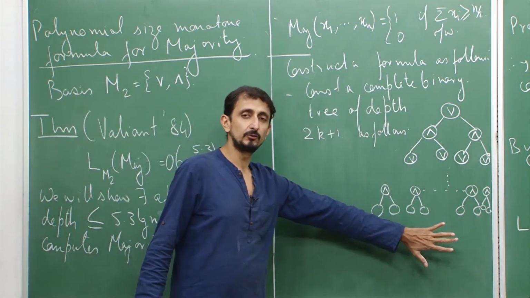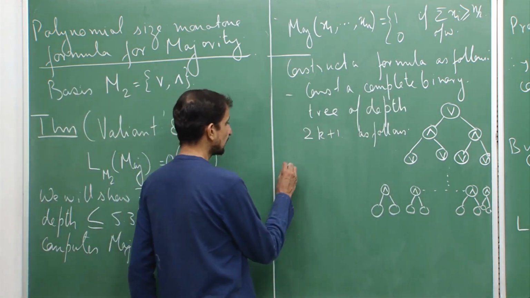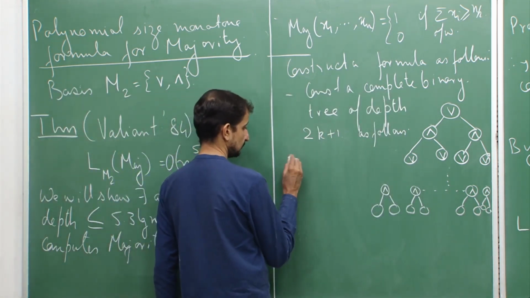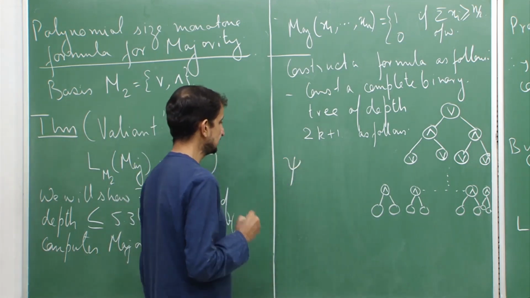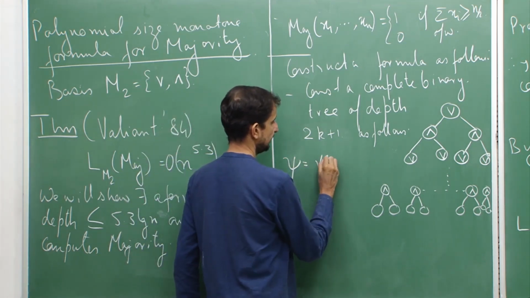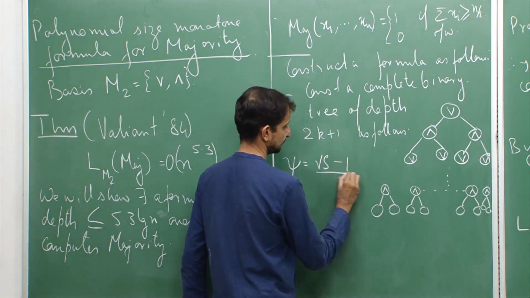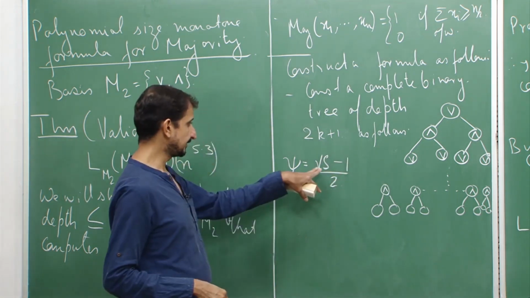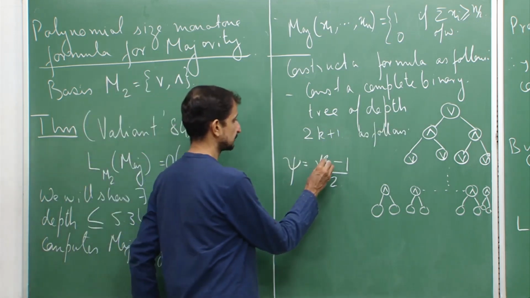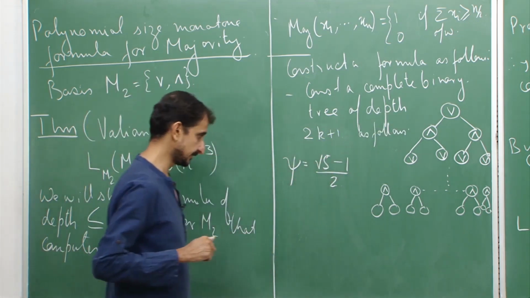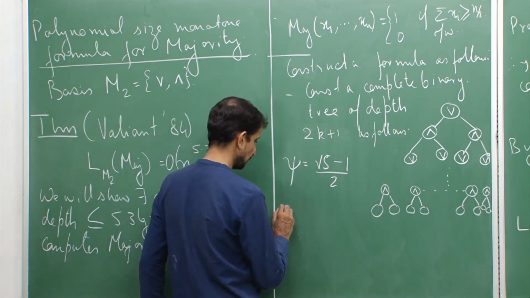Now, what do we assign to these leaves? Consider this constant: let psi be the constant (root 5 minus 1) by 2. How we get this will be clear very soon. Actually, this comes from the root of an equation.